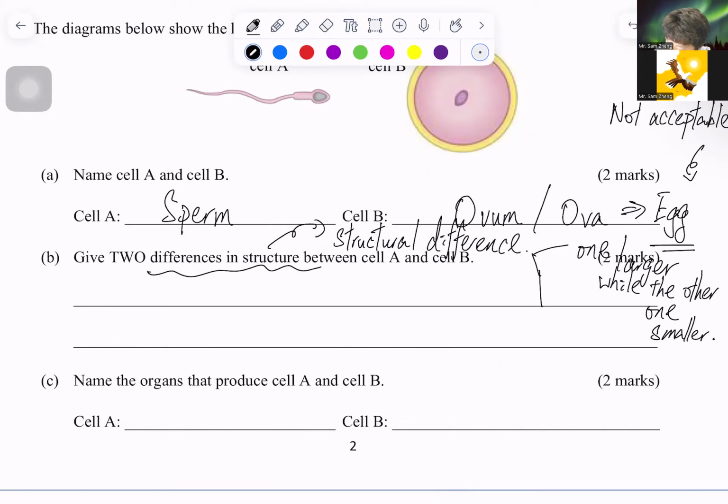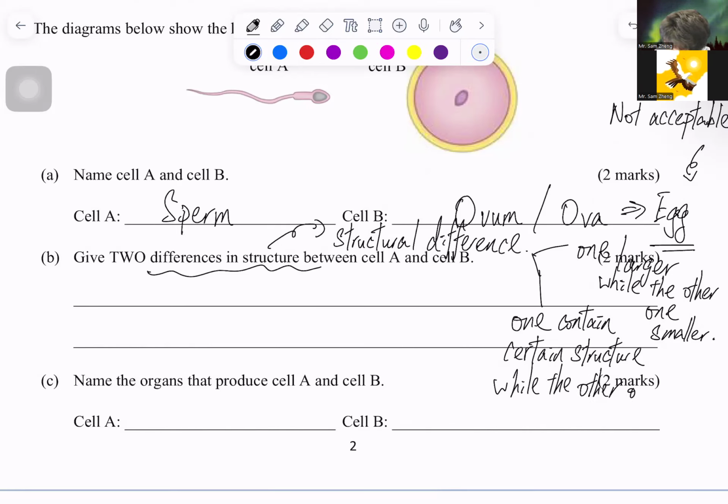And on the other hand, one contains a certain structure, while the other one does not contain that structure.